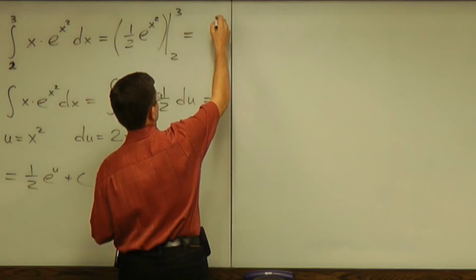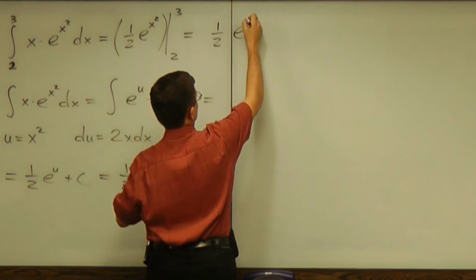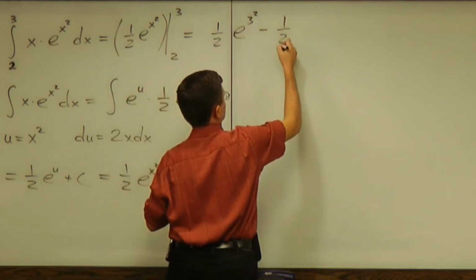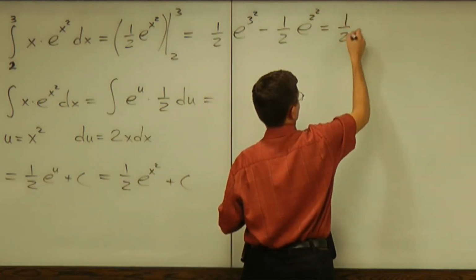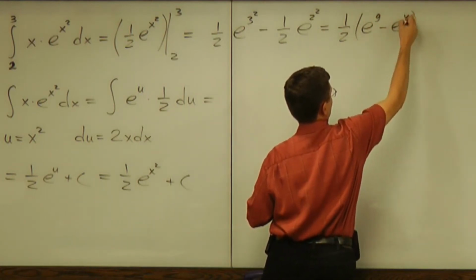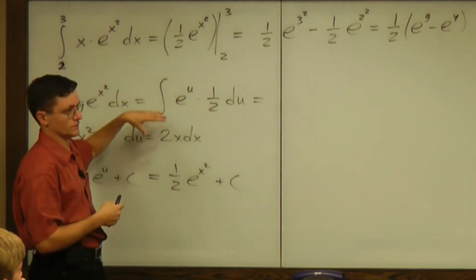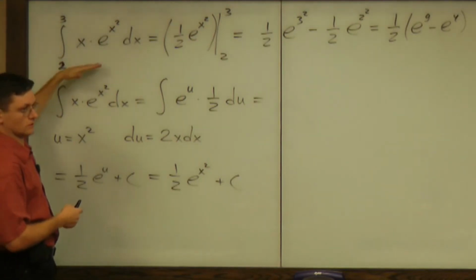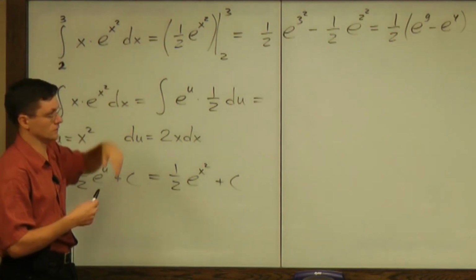So I have substituting 3, e to the power 3 squared, minus a half of e to the power 2 squared. So it will be a half of e to the 9 minus e to the 4th. All right. So one way of doing substitution is forgetting for some time about the definite integral, completing the indefinite, and then using it in the computation of the definite.